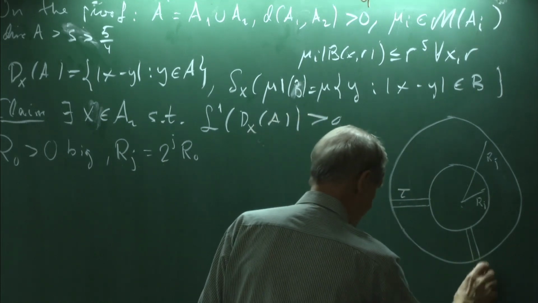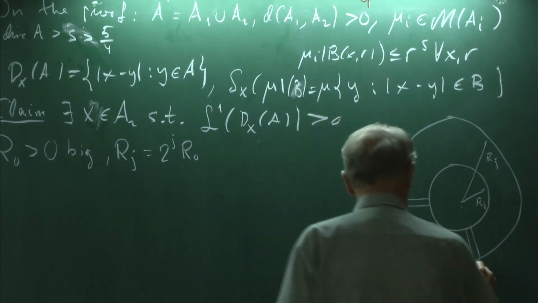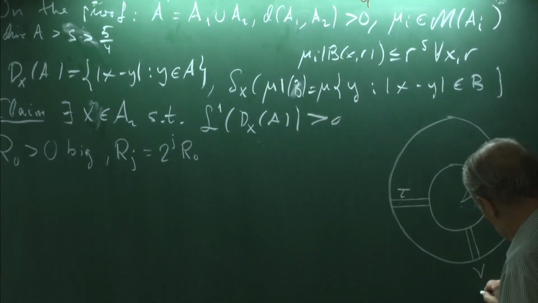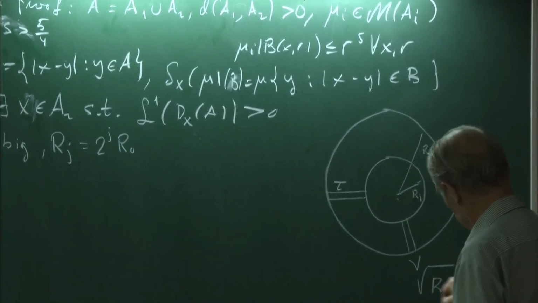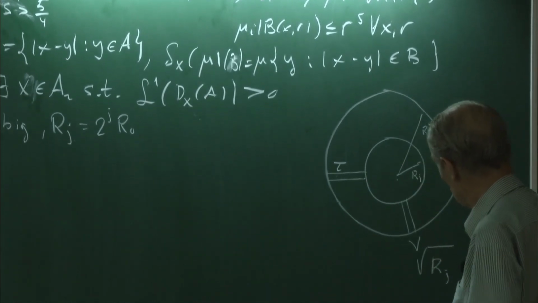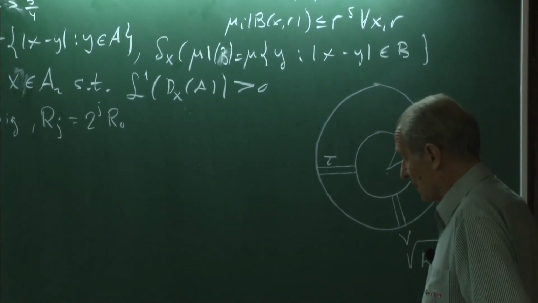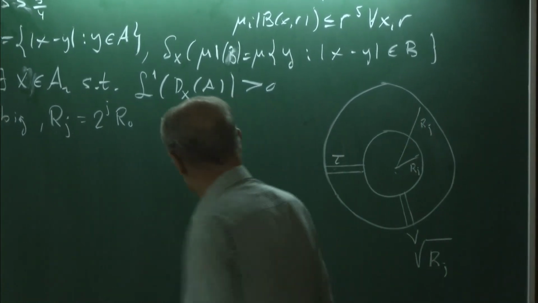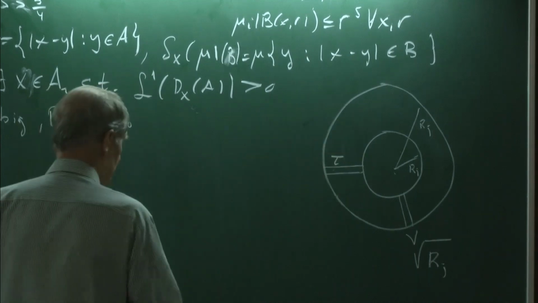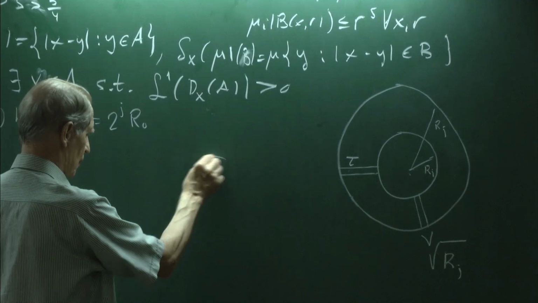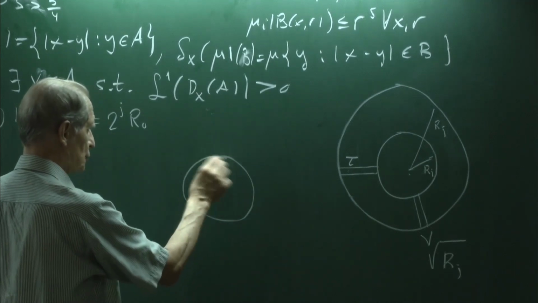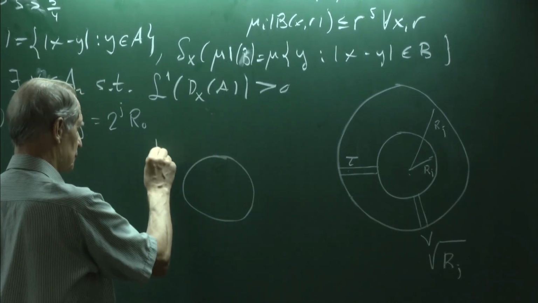And the length of the smaller side is square root of Rj. So Rj is big, so this is much smaller than Rj. And then, so this is on the frequency side, I go to the physical side where I have the unit ball, and I can assume that my set is in the unit disk.